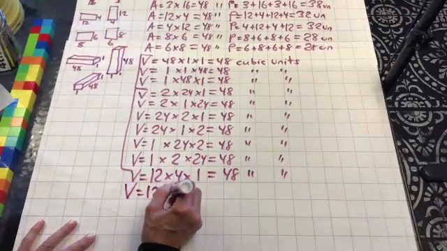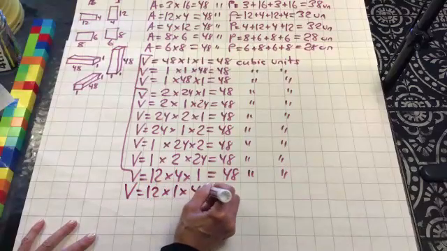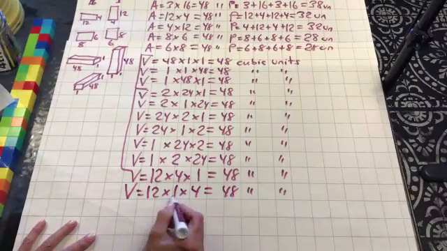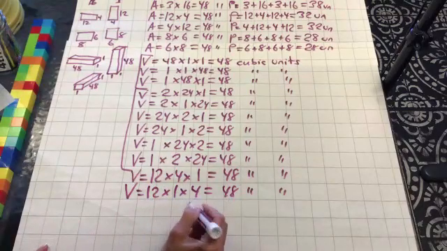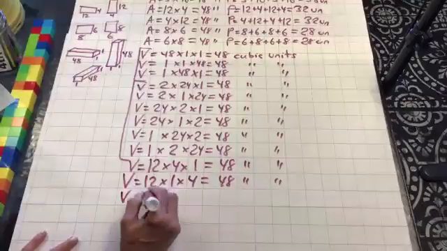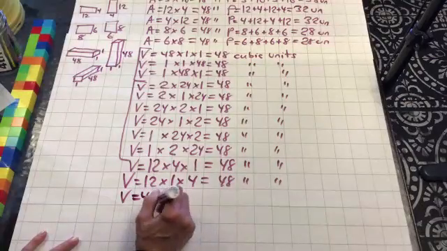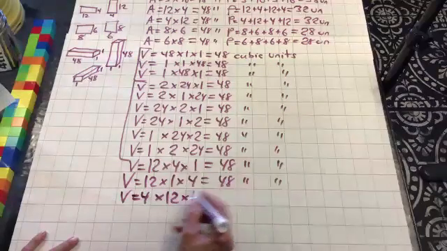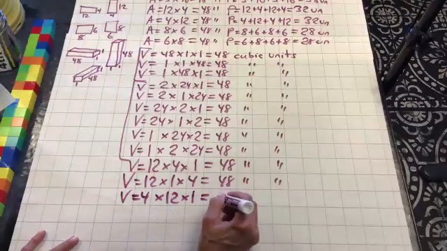Then we have 12 times 1 times 4 equals 48 cubic units. So this would be a 12 wide by 1 deep by 4 tall. All right, we're going to change that up to 4 by 12 by 1. So 4 wide, 12 deep, 1 tall.